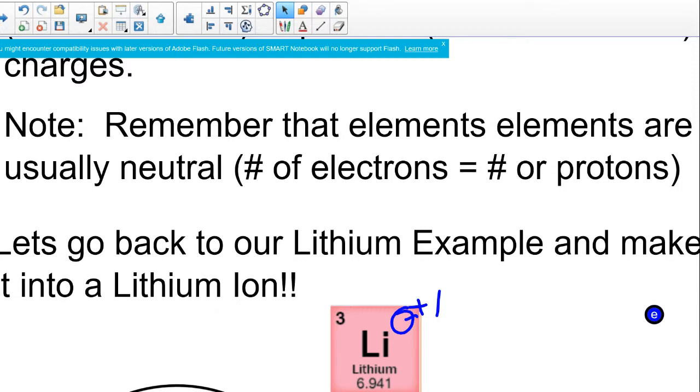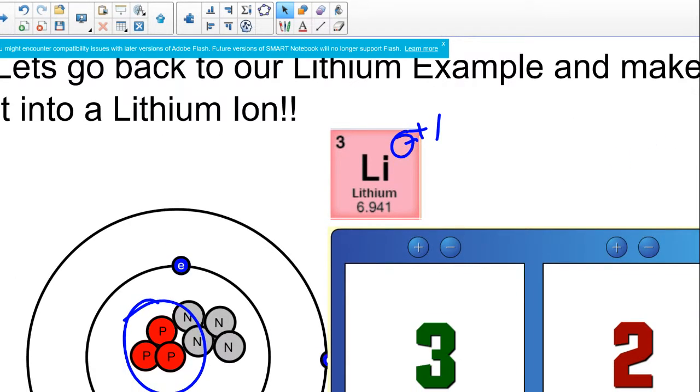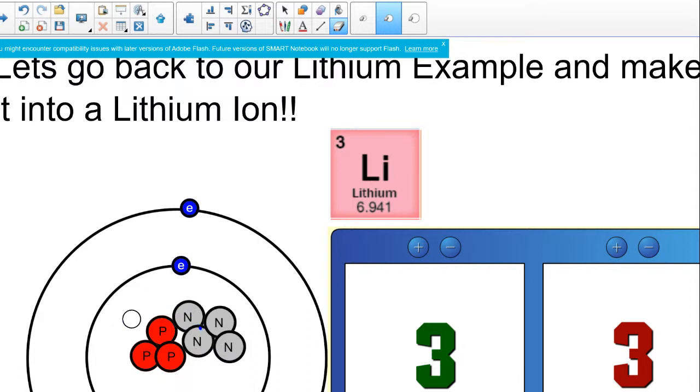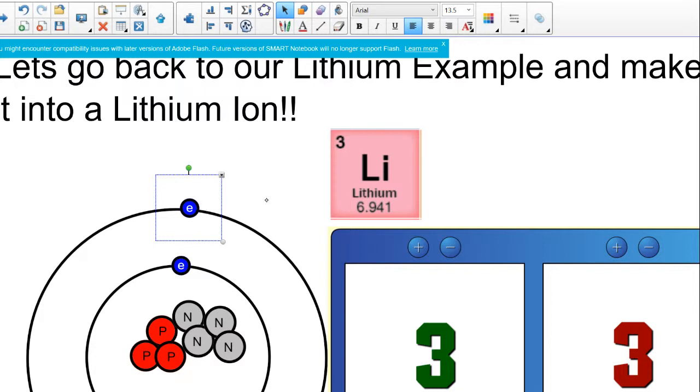So if I reset things again, bring in my electron, let's bring it up here, and reset this back to 0. Well, what happens if we were to gain a couple electrons? Clone an electron here, and I clone another one. Just put it up here so it's easier to see.